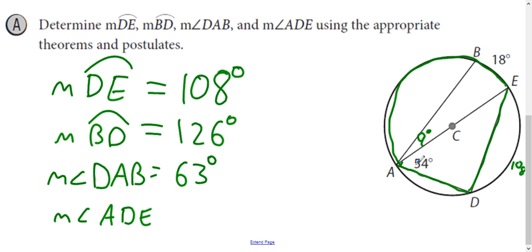AE, that's the diameter. This means ABE, this arc right here, is a semicircle, so that's 180. Which means that the angle is half of it, because the inscribed angle is half the arc. Half of 180 is 90 degrees.